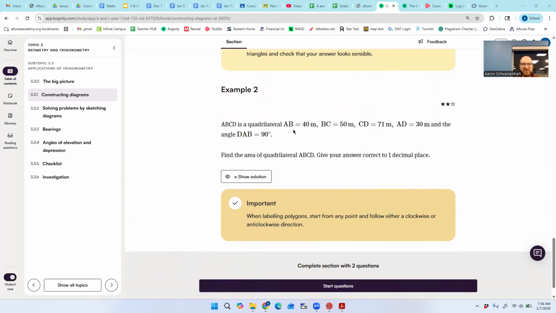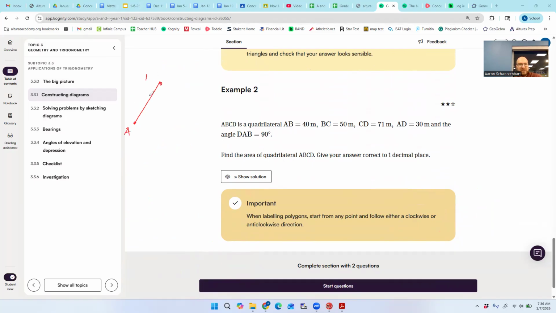Okay. ABCD is a quadrilateral with the following side lengths and DAB is 90. Find the area of the quadrilateral. So I gotta draw this. A, B is 40.